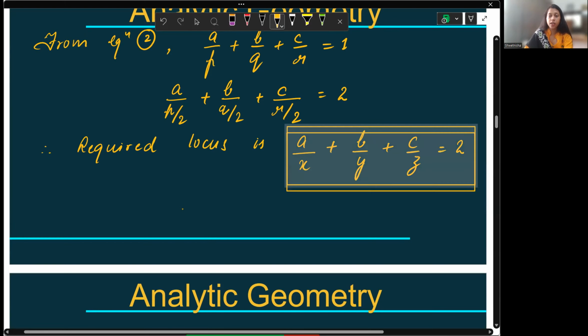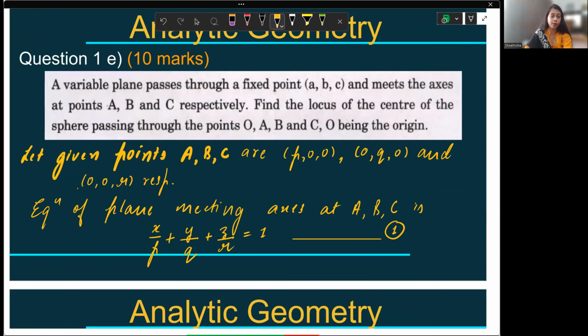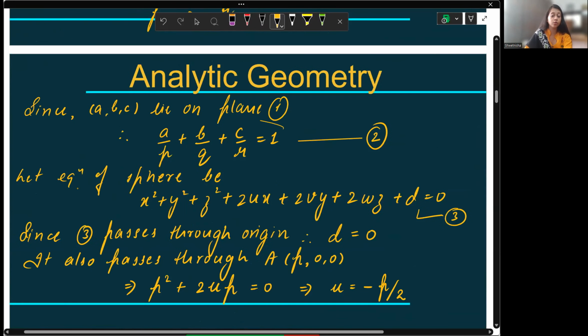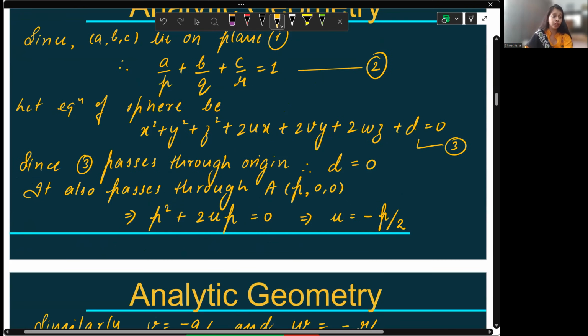So what we have done, we have derived the equation of the plane that they were talking about, and we found a relation also because ABC was passing through that plane. So I got a relation also. That relation is actually used later. Then we came to the second part of the question where they are mentioning a sphere.